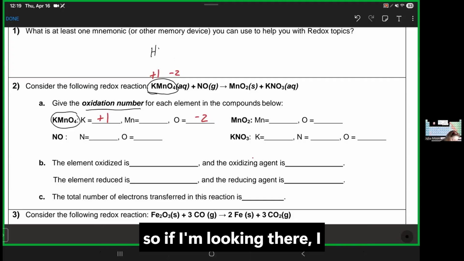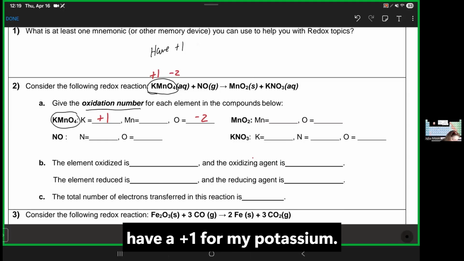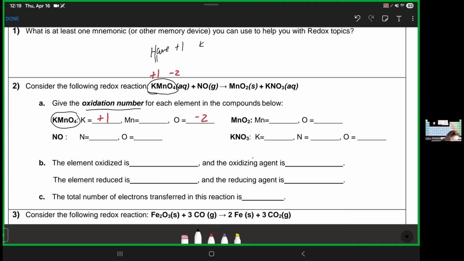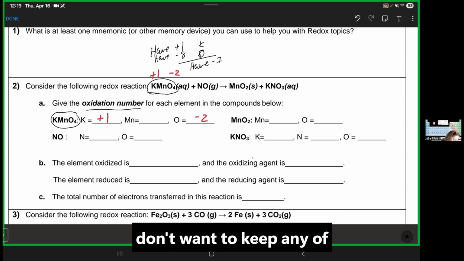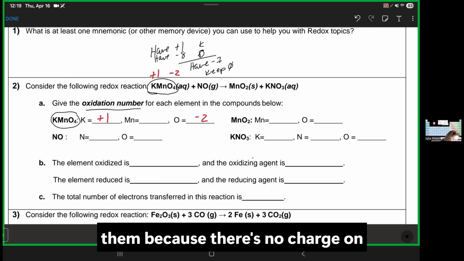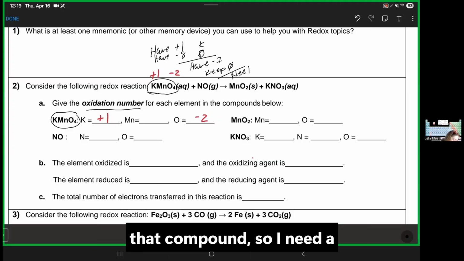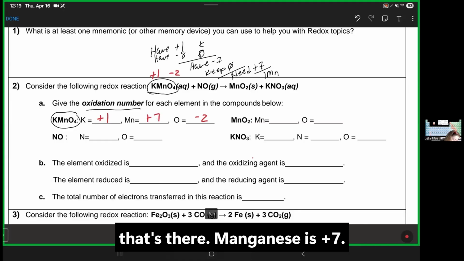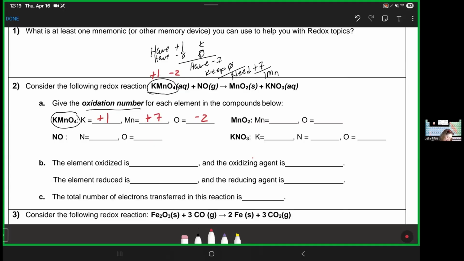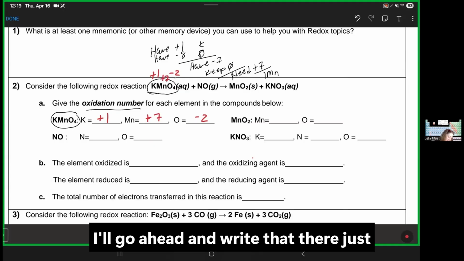I have a +1 from my potassium and a -8 from my oxygens, so I have a -7. I don't want to keep any of them because there's no charge on that compound. So I need a +7 divided by the 1 manganese that's there. Manganese is +7. I'll go ahead and write that there.